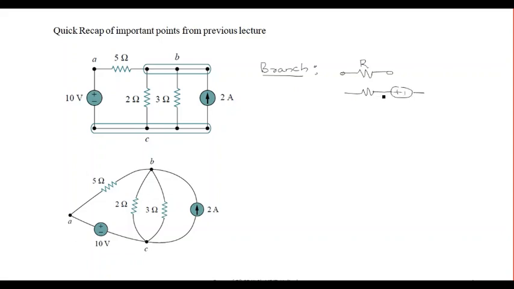You can call them branch 1 and branch 2, or consider them together as a single branch, until and unless they are separated by some other element, in which case we cannot consider them a single branch.